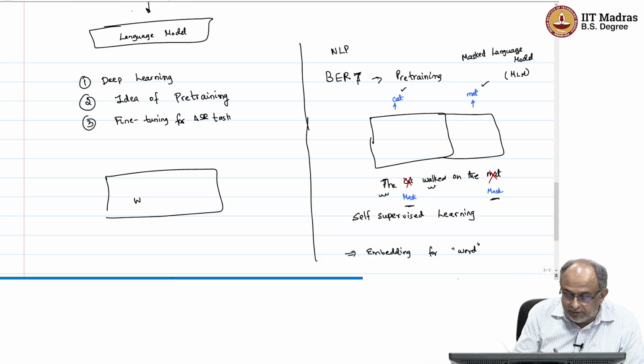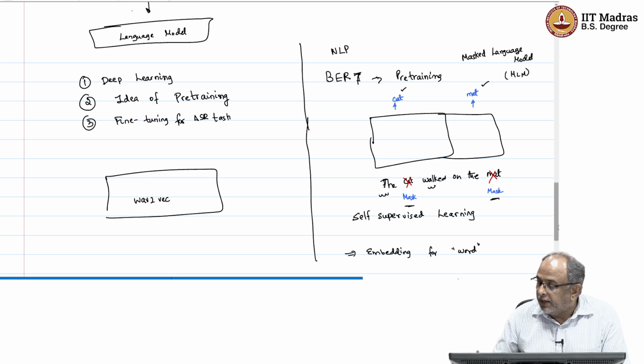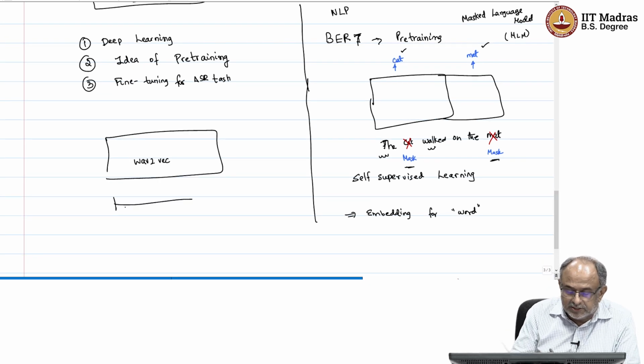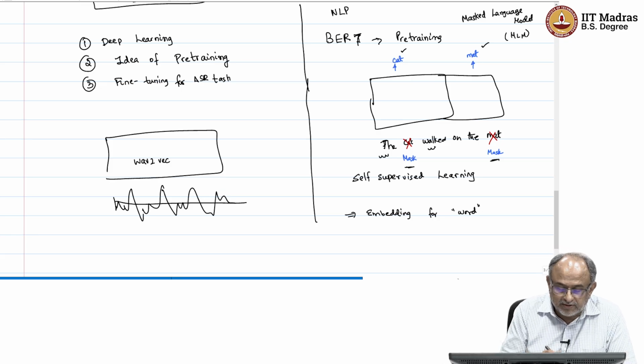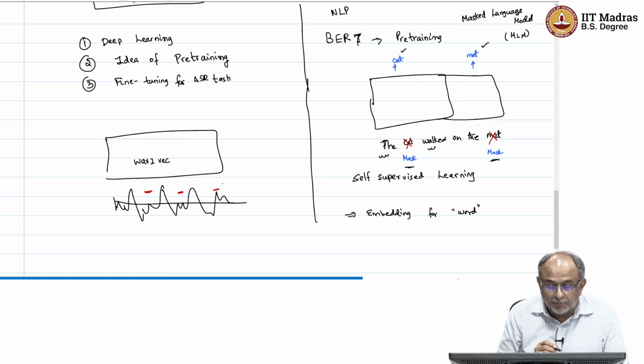Similarly, we have a pre-trained model which we call wav2vec, and here the input is some waveform. What we are going to do is, at some portions of this waveform, mask it. How we do it is a little complicated, because speech is a little more difficult, and then we try to predict.